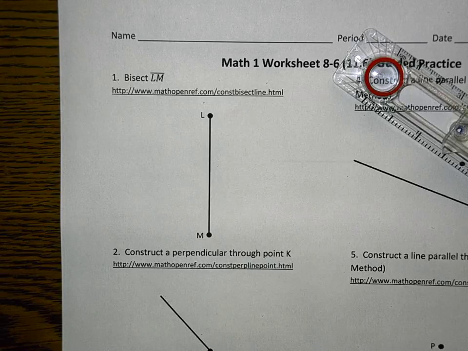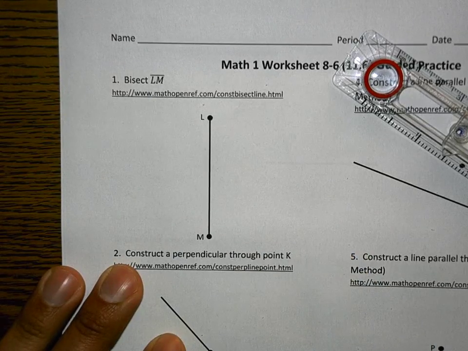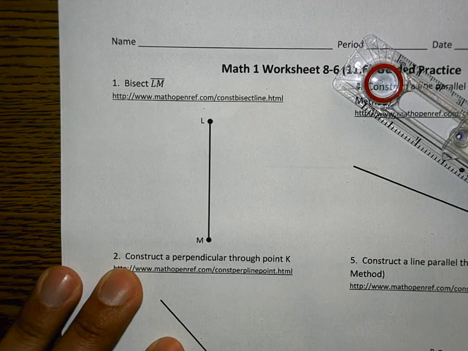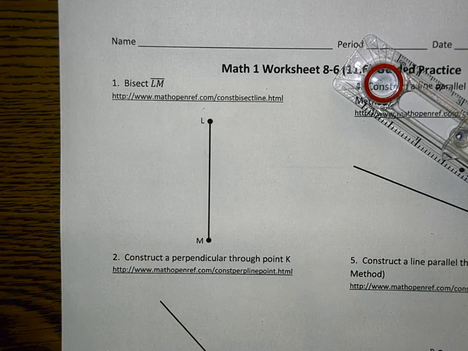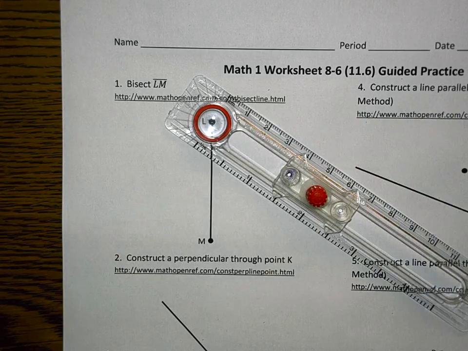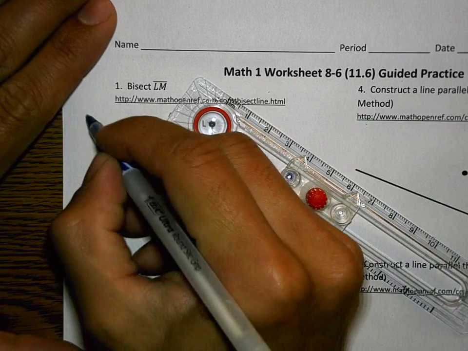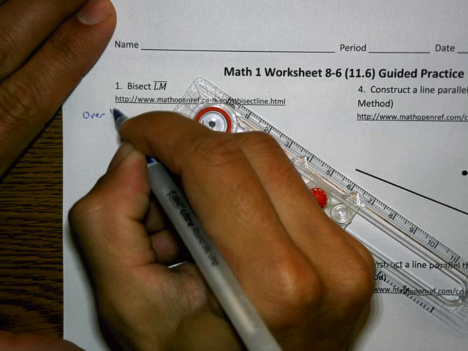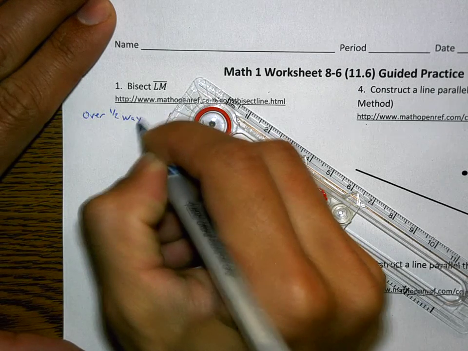So here's the first thing we do. If I want to bisect LM, I need to put my bullseye on L, and I need to make sure my holder is over halfway. I'm going to write it on the side, over halfway.